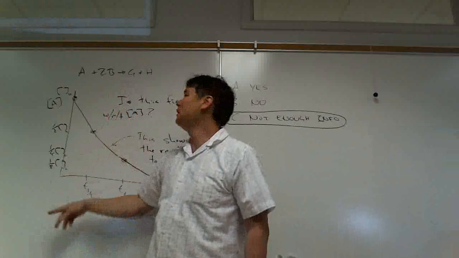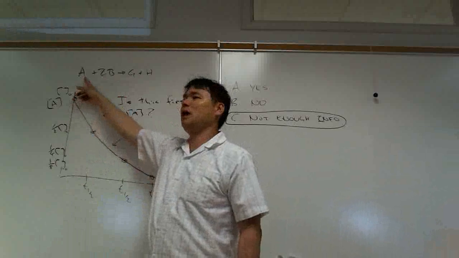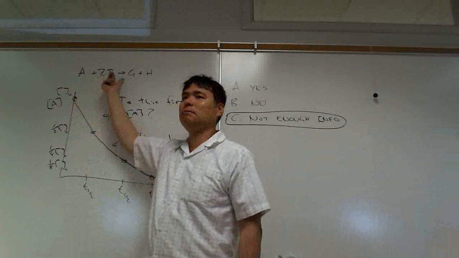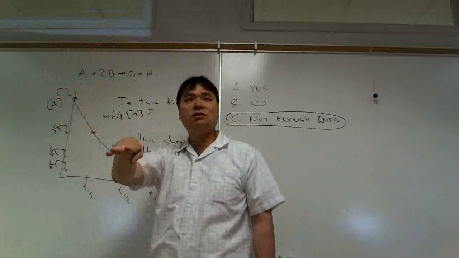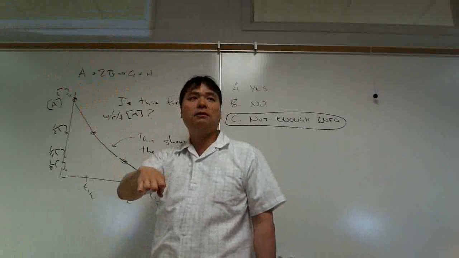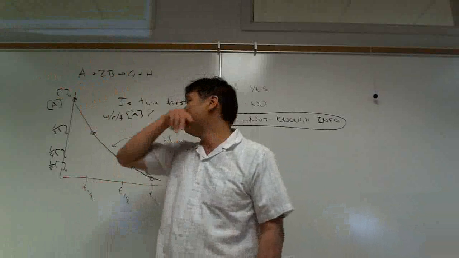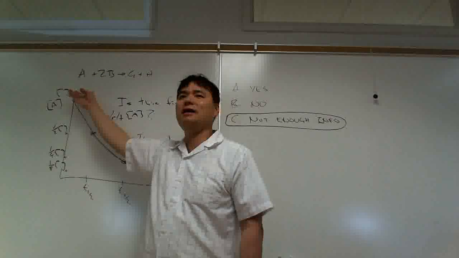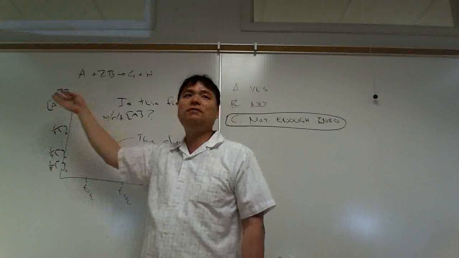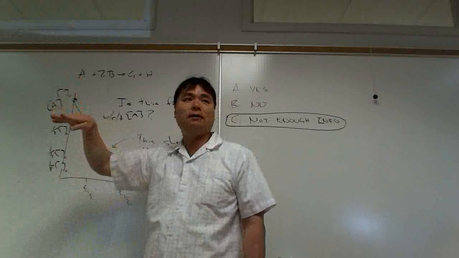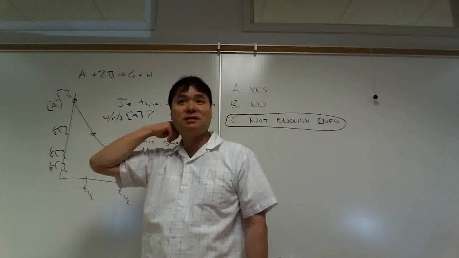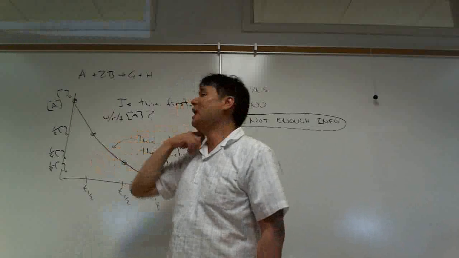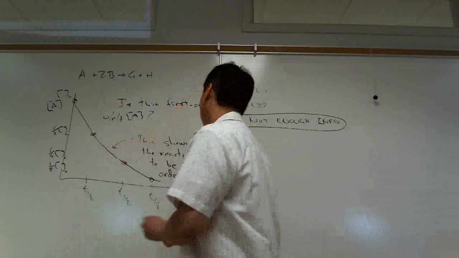But it could also be 0 order in A and first order in B. If it's first order in B, then as B gets cut in half, the reaction is going to slow by half, right? And if the reaction slows by half because of B, then we aren't going to consume A as fast, even though there's no dependence on A. And so B is going to dictate the speed of the reaction. Does that make sense?